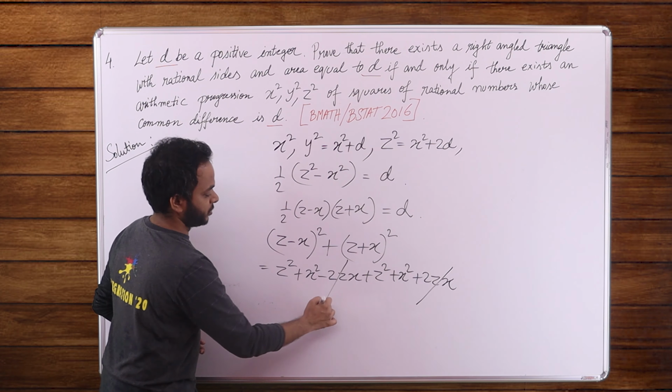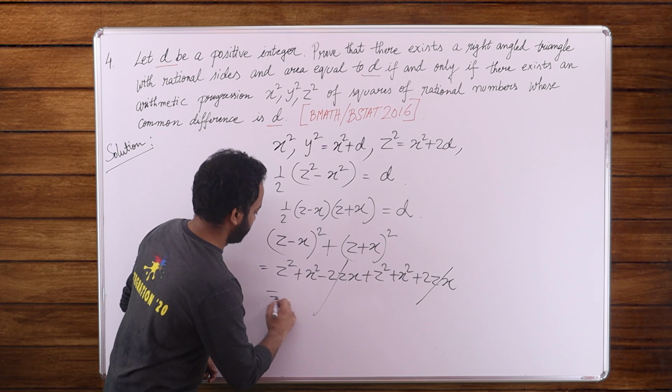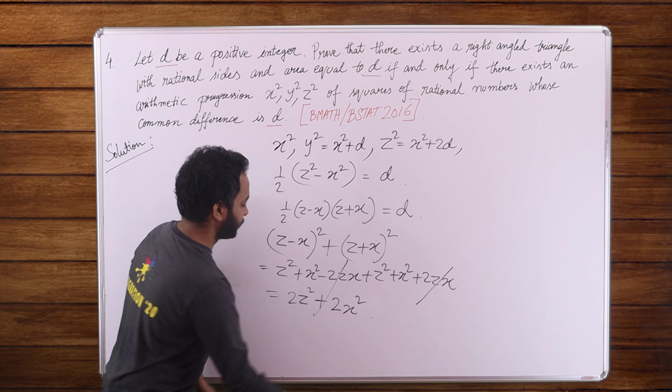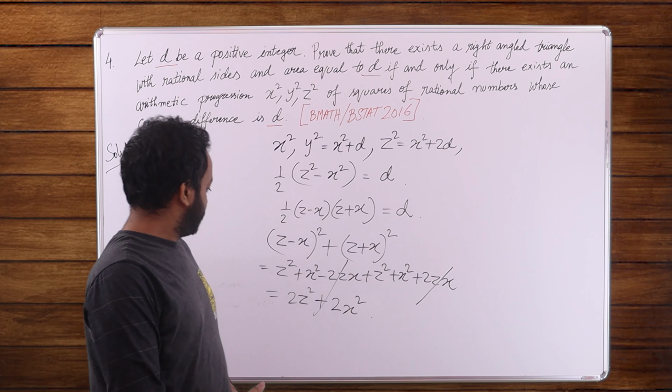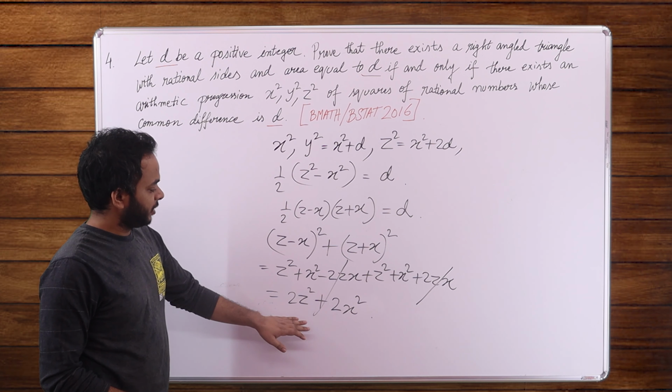So the negative 2zx cancels out, and what you have is 2z square plus 2x square. And what is this actually? Let's look at it.